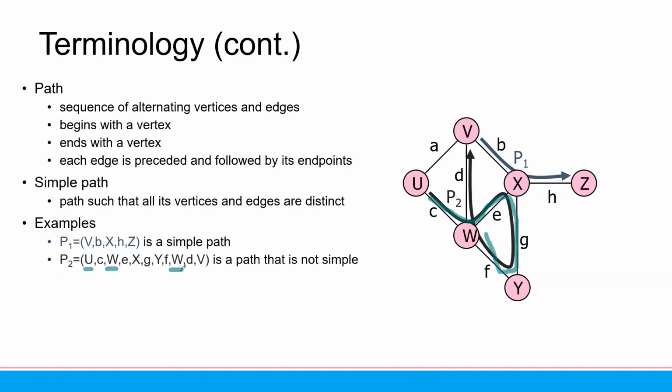Then this is a path, but it is not simple, because you will visit one vertex, or you will pass through one edge, more than once. So if you visit one vertex or one edge more than once, then it is not simple.